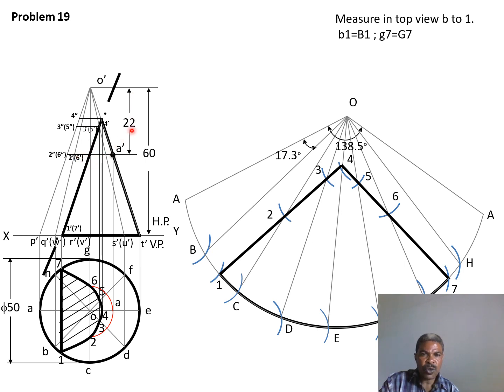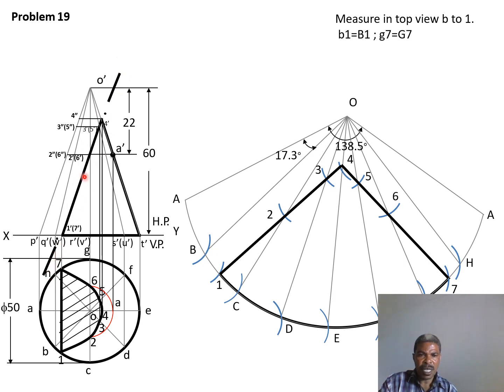How much? 22 here. So this line was lying through at this very point. To which angle? The angle given for this truncation.